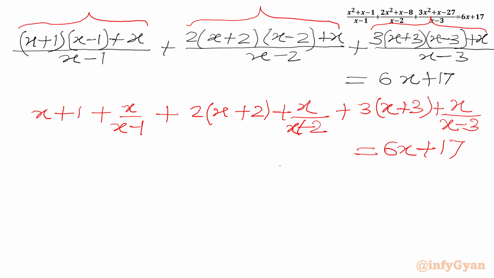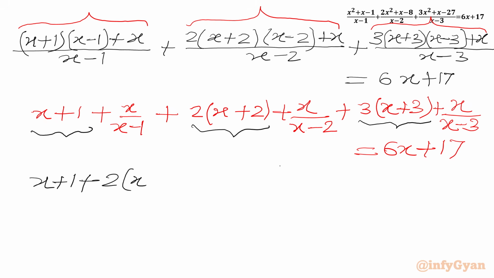Now we have to simplify, and we will get x plus 1, 2 times x plus 2, 3 times x plus 3 all together. So I will write here x plus 1 plus 2 times x plus 2 plus 3 times x plus 3.